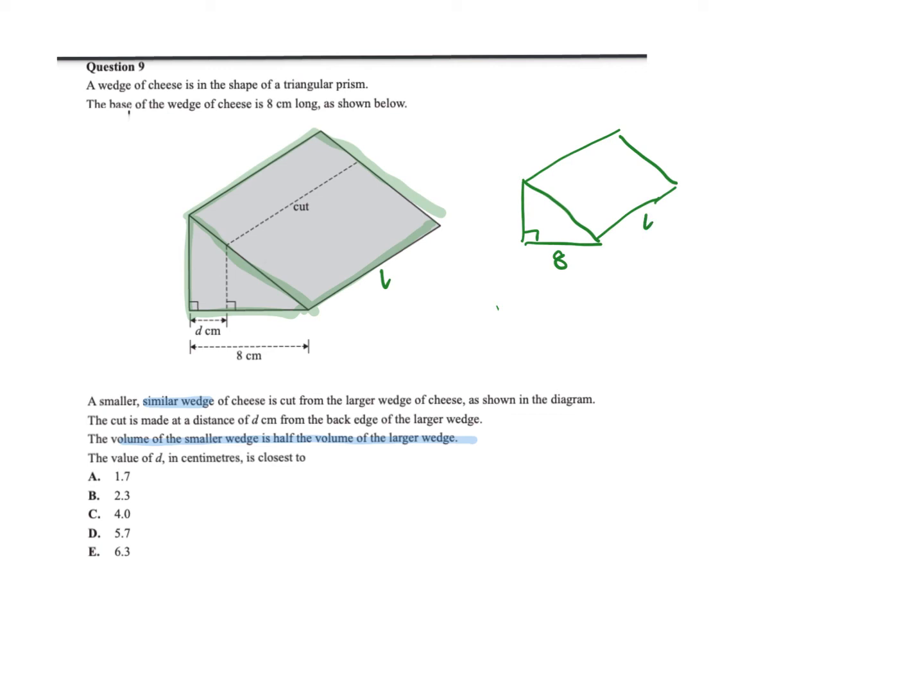Then we've got our little smaller wedge, which they said is similar. But if you look here, it's still the same length. So what I'm seeing is that this bit is smaller, the face of it is smaller, but the length of it is the same.